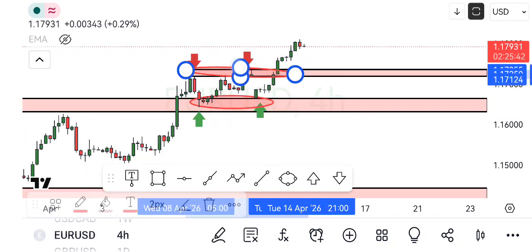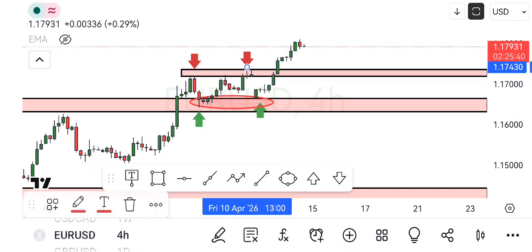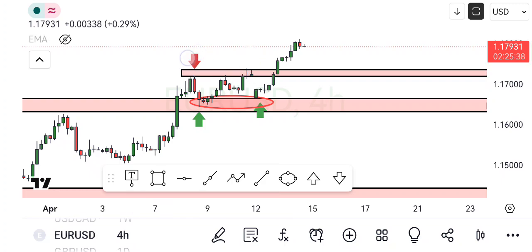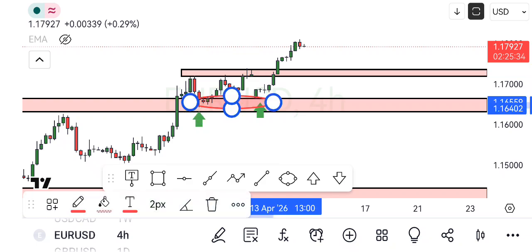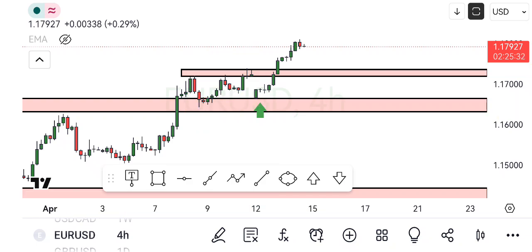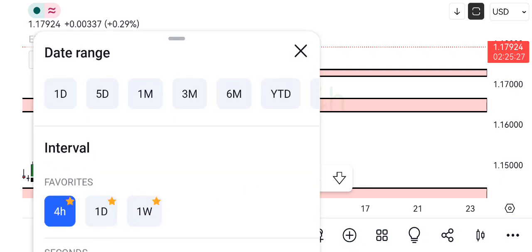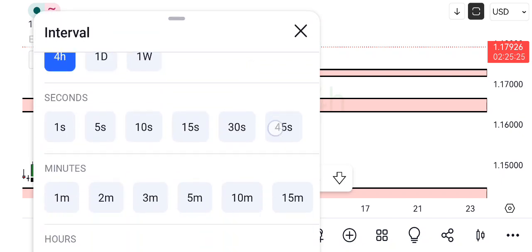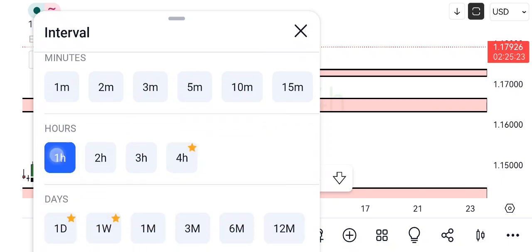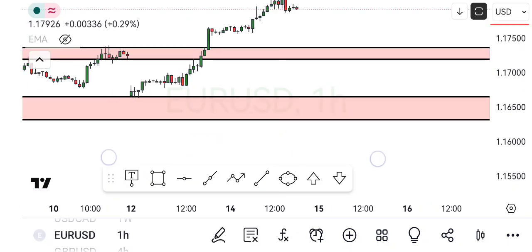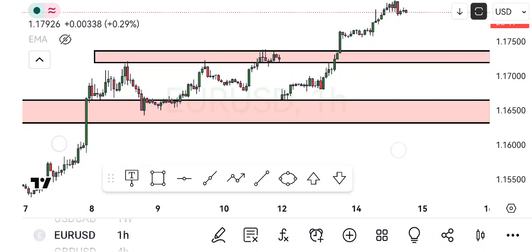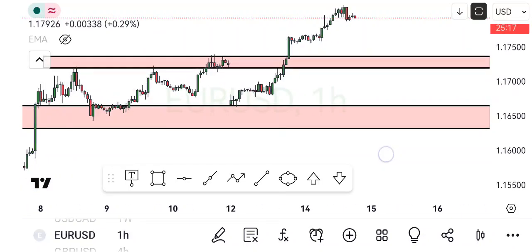So if I want to have a good risk to reward ratio, I have to go even further down the time frames. Let me show you what I am talking about, guys. If I want to have a favorable risk to reward ratio, I must go further down to lower time frames like 1 hour or 30 minutes. This is where these areas are going to be clear.